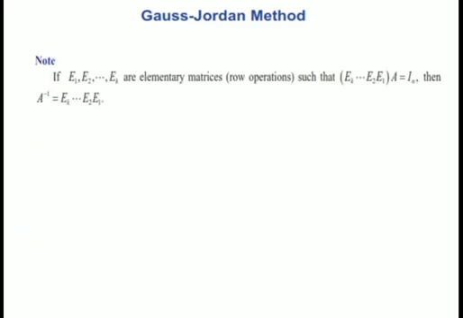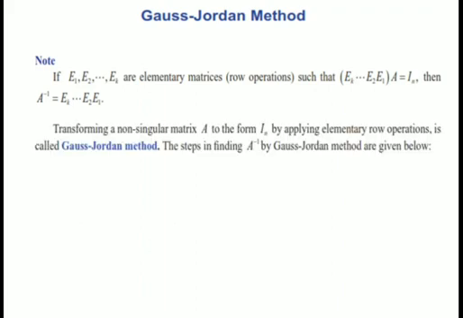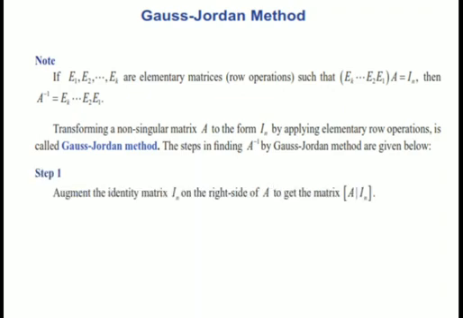Note, if E1, E2, ..., Ek are elementary row operations such that Ek ... E2 E1 A equal to In, then A inverse equal to Ek ... E2 E1. Transforming a non-singular matrix A to the form In by applying elementary row operations is called the Gauss-Jordan method. The steps of finding A inverse by the Gauss-Jordan method are given below.